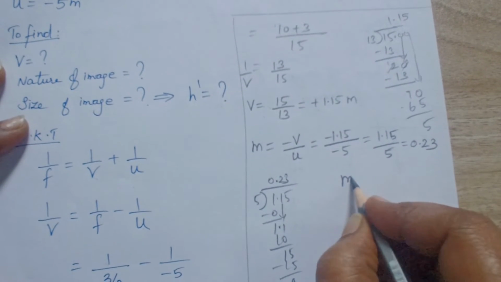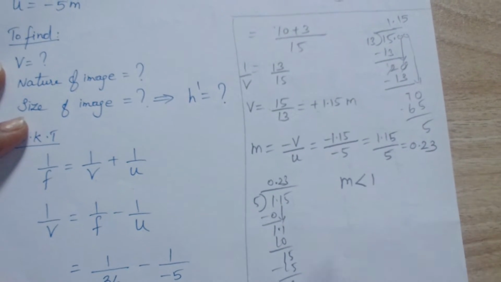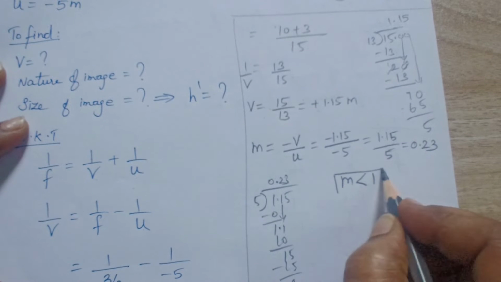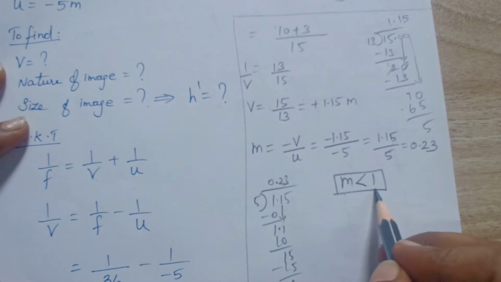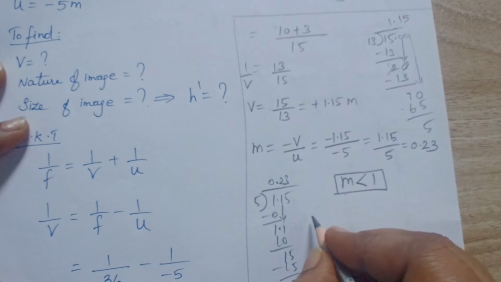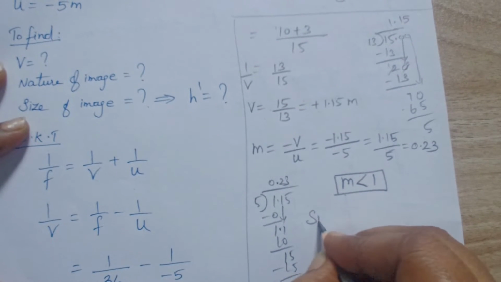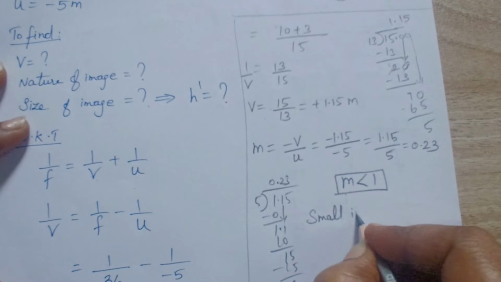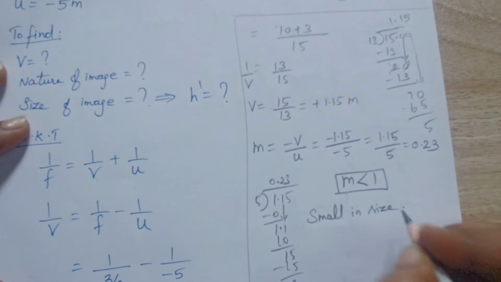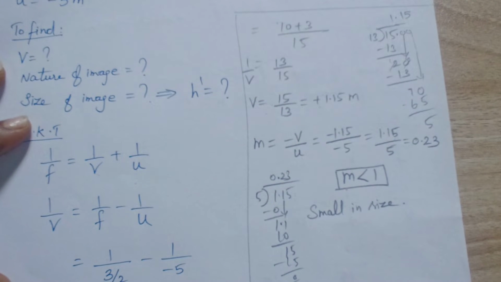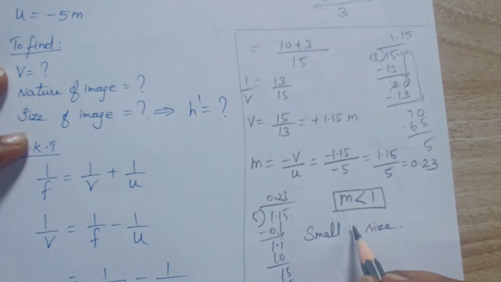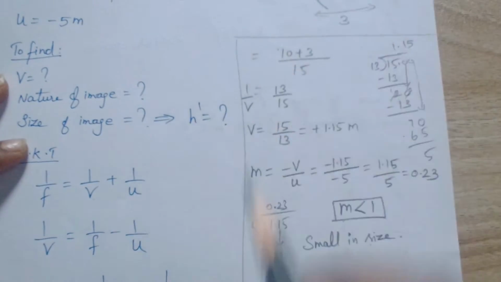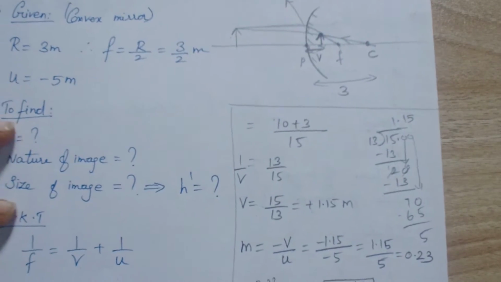So your m is less than 1. This implies your image will be what? We have learned that when m is less than 1, the image will be small in size compared to the object, small in size and erect also.